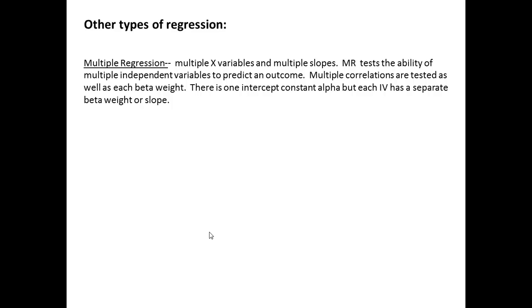Multiple correlations are tested as well as each beta weight. There is one intercept constant alpha, but each independent variable has a separate beta weight or slope. So, would we want to run a test of 5, 6, 7, 8, 9 different independent variables? Probably not. Most of the time, multiple regression will only use maybe 2 or 3 different independent variables.